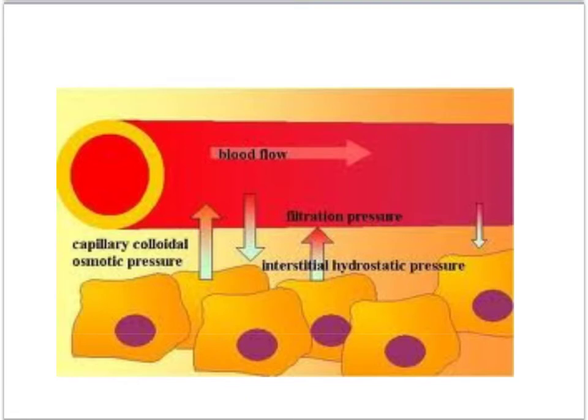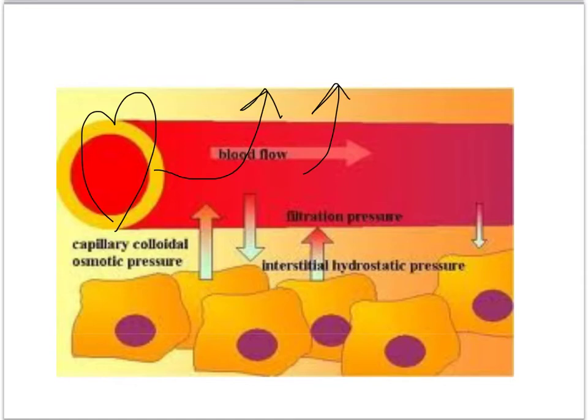So these next slides are just some graphics that I picked up to try to get you to think about. Okay, again, you got your heart. The blood pressure itself is going to be translated into hydrostatic pressure, filtration pressure. It's going to be pushing, if we're at the capillary level, fluid out.